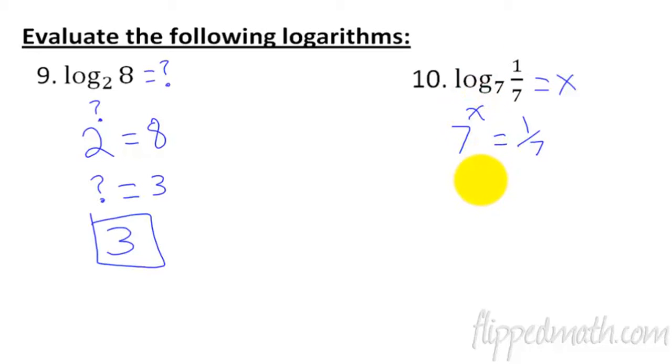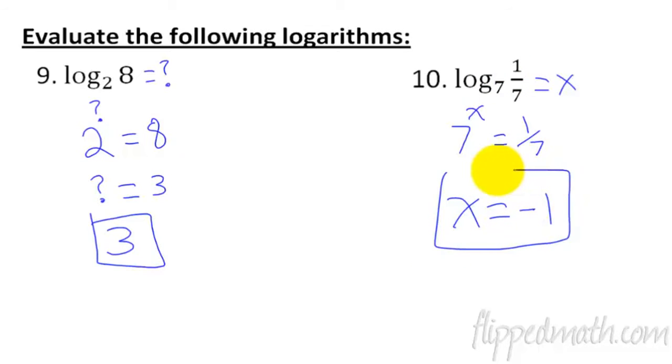And this is where you have to think about your rules, use your head a little bit, think through it, and you'd have to come up with that the only thing that can make this happen is if your exponent is a negative 1. So we have log base 7 of 1/7 equals a negative 1. Okay, so that little x that I'm throwing on, that's extra. I threw that in there just to help us solve it and to transfer it to exponential form, but really it doesn't belong. This thing equals negative 1, not x, just equals negative 1.